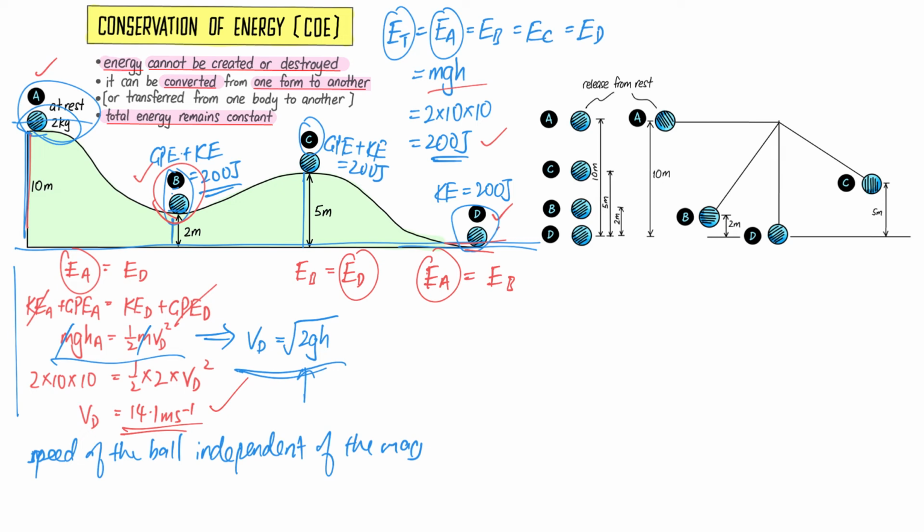From the previous part, you know that there's only GPE and it's 200. And then the total energy at point B will have a combination of GPE and KE.